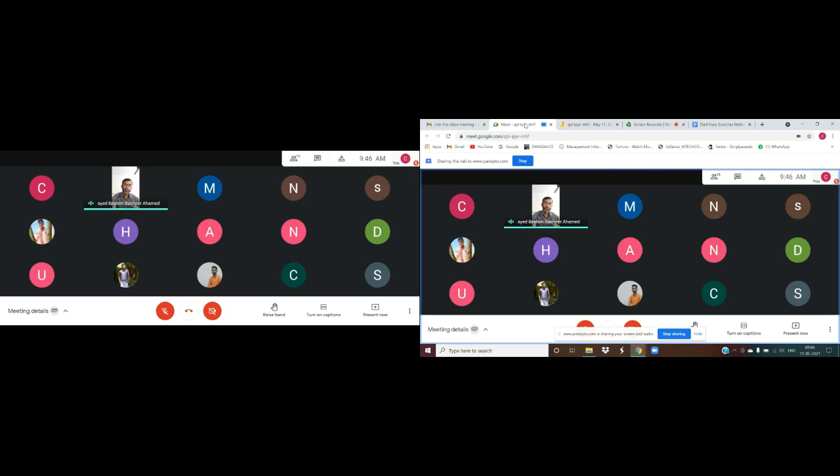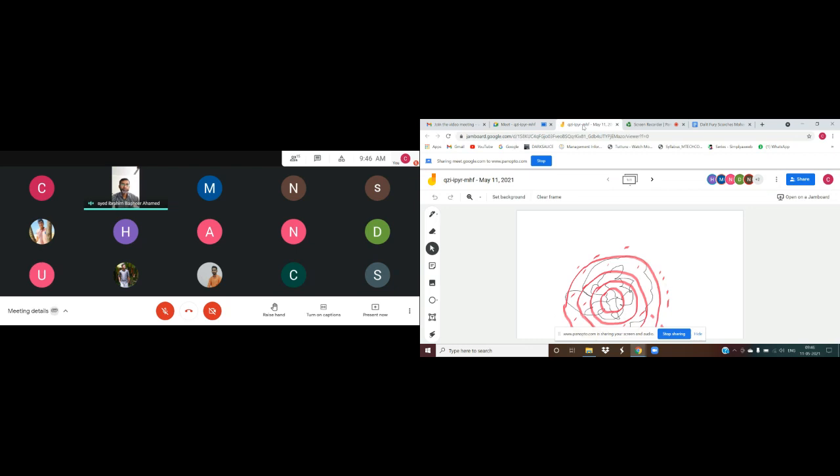Okay. So come to this whiteboard. You see here, maybe I'm assuming some hydrophobic amino acid here. If the hydrophobic amino acid is present on the surface, the side chain will be facing towards the core. Do you understand? The side chain will be facing towards the center of the protein.